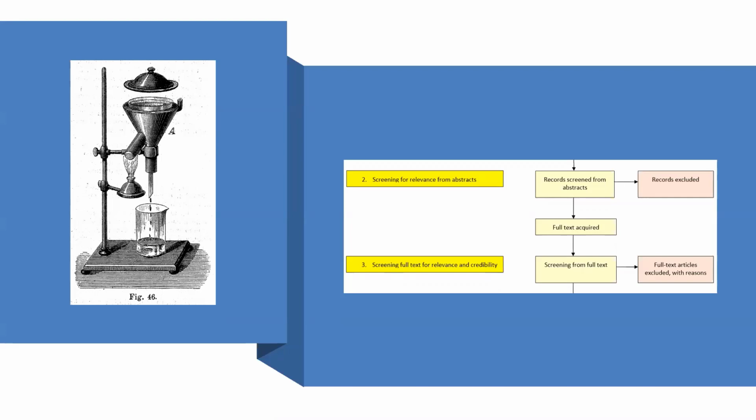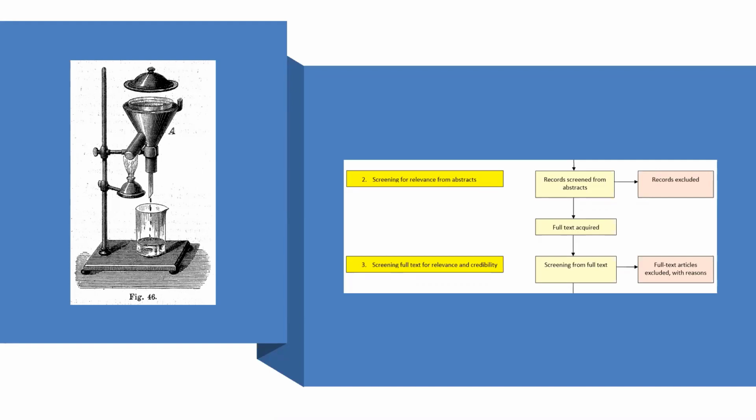So when you can tell from the abstract that it's focusing on something entirely different, that's an excluded one. If it is not clear that it's actually, like it might be, but it's not clear that it's focusing on your question, that is one where you need the full text.